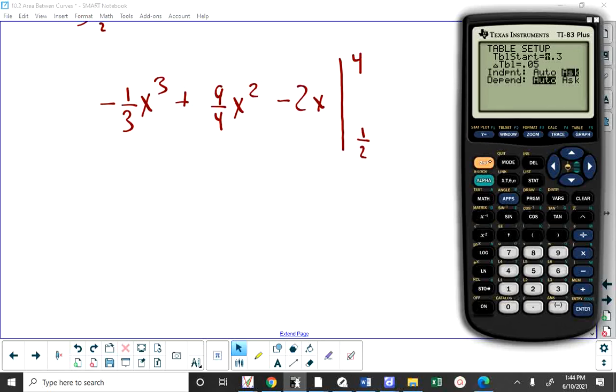My table is set up to allow inputs, so I'm going to put in 4, and I get 6.6 repeating. I'm going to put in 0.5, and I get negative 0.4791.